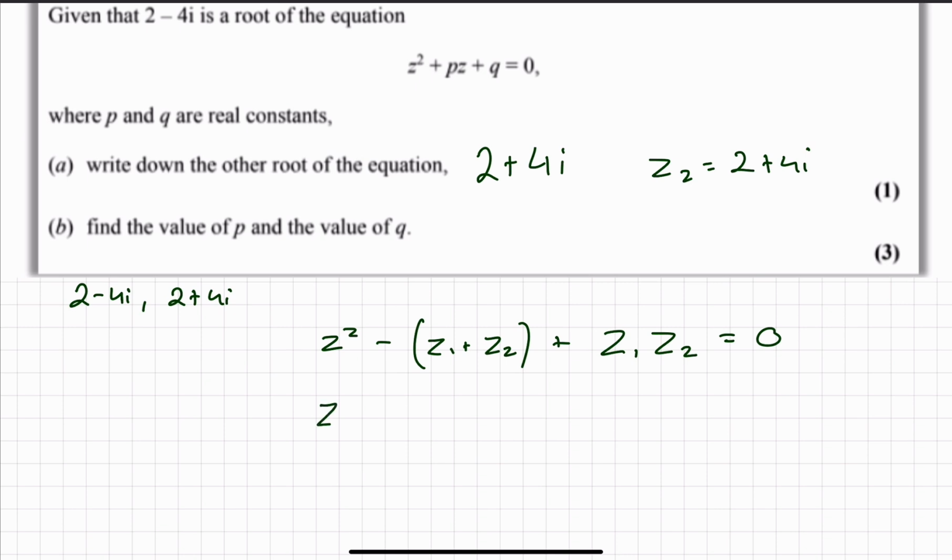So we get z squared minus, when we add them up, we're going to get 4. Let's put a z in there. 4z. And then multiply together, you're going to get 4 plus 16, so plus 20 equals 0.